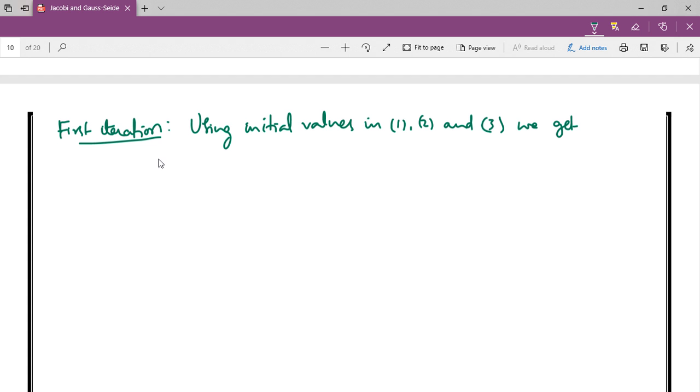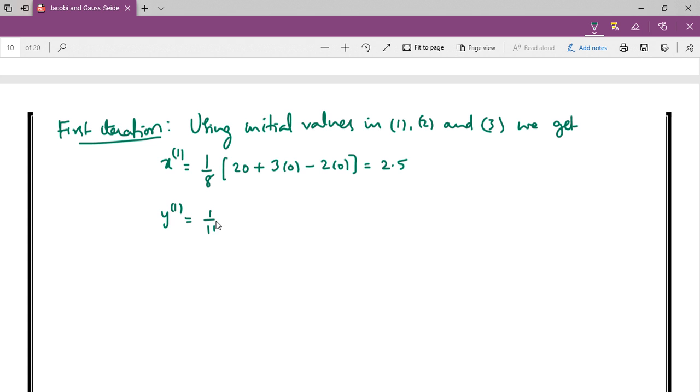So the first iteration, that is x1, is equal to 1 by 8 into 20 plus 3 into 0 minus 2 into 0. So this gives us 2.5, calculated using a scientific calculator. Now let us go for y1.